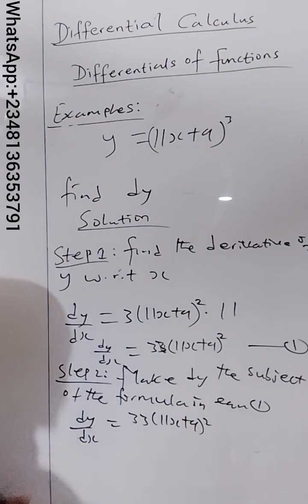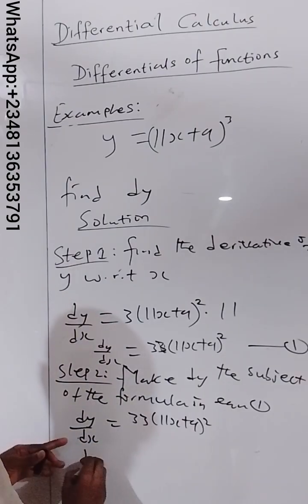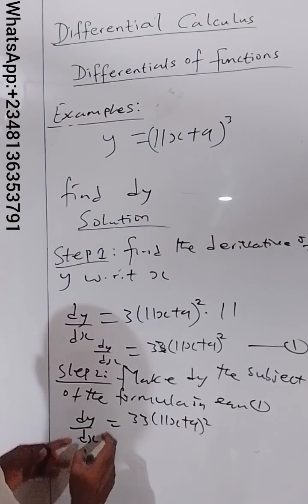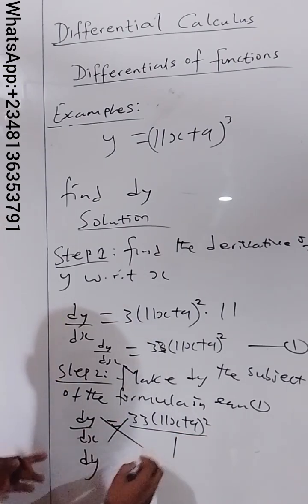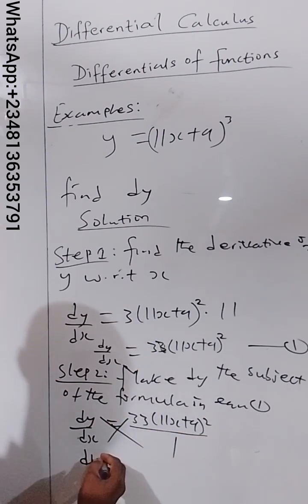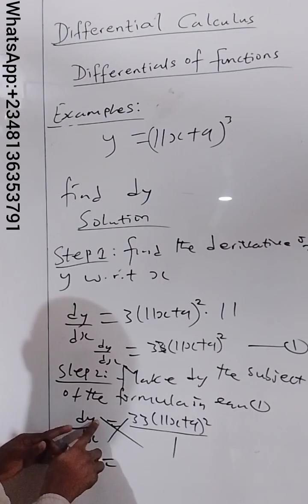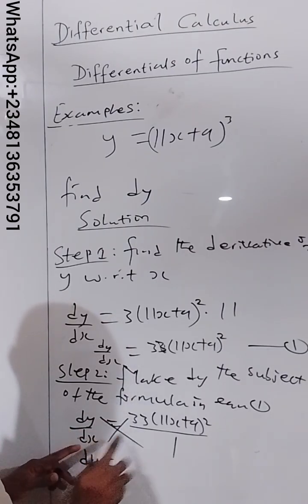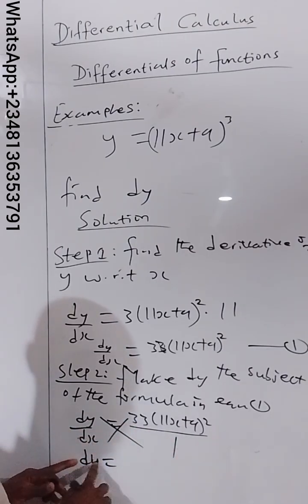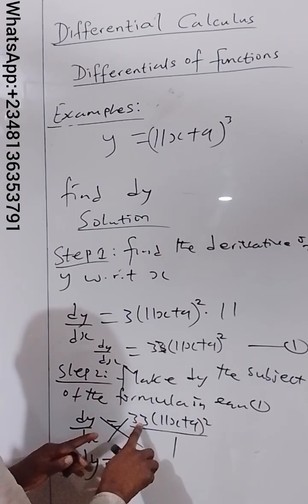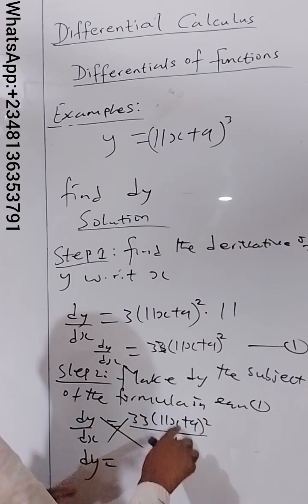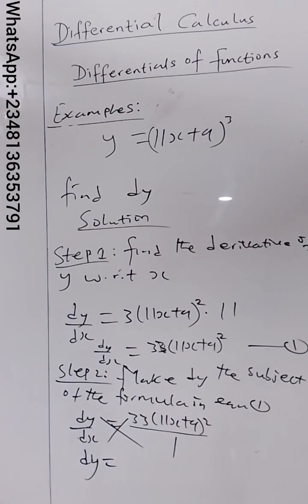If I assume this is over 1, I'm just going to cross multiply to get my dy. My dy equals dy times 1, then we have what we have here multiplied by dx.